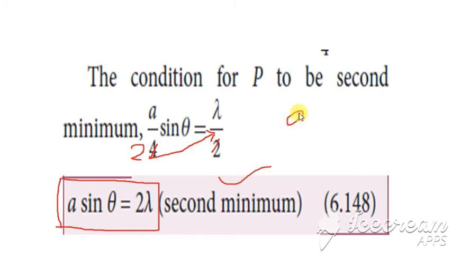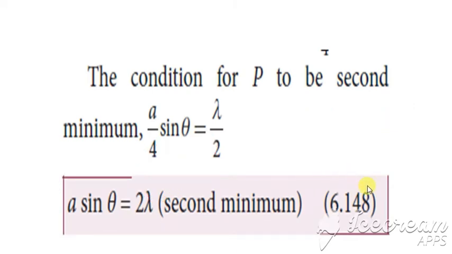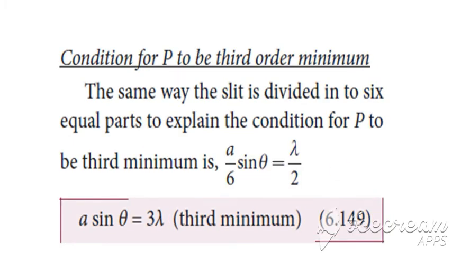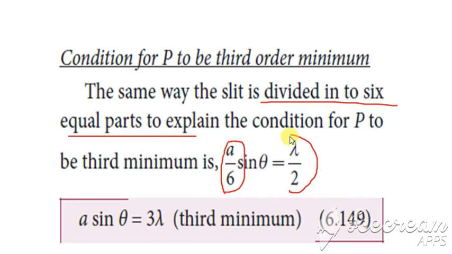Okay, so what is the condition for the first minimum? It is A sine theta, which is equal to what? Lambda. Okay, here we have A sine theta, which is equal to 2 lambda. Same way, when you are finding the third minimum, okay, so the slit is split into what? 6 equal parts, and so we have A by 6 sine theta, which is equal to lambda by 2.